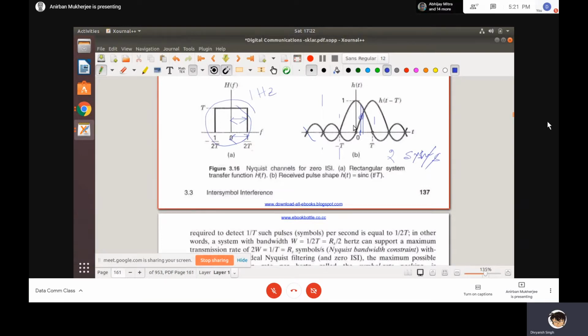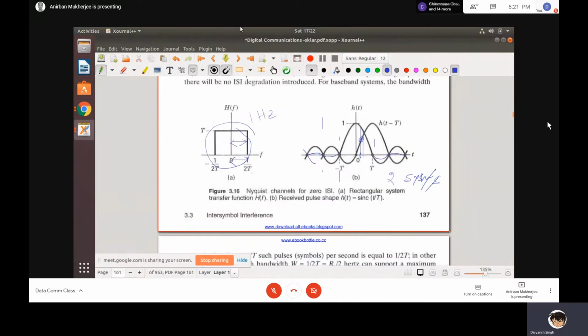So in order to mitigate that, we want a fast decaying kind of pulse, instead of the sinc, something like this.